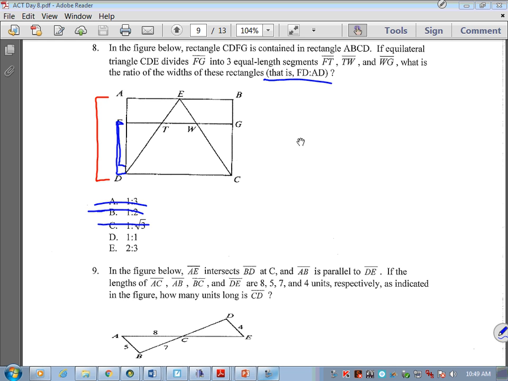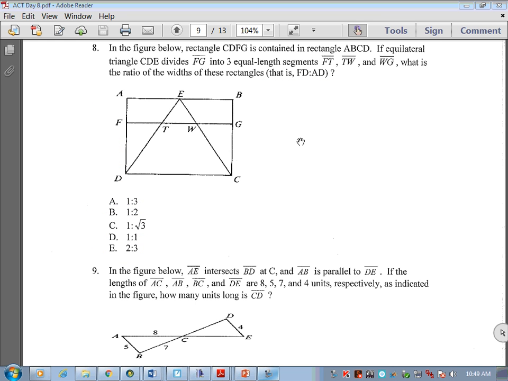We also know it's not the same as AD, right? And if I look at it, could we reasonably see that FG is 2/3 of AD? Yeah, that makes reasonable sense. They give you a ton of information. You know what all that information does? It does not help you solve the question, and it wastes a bunch of your time trying to make sense out of it. Okay? So hopefully that will save your life.